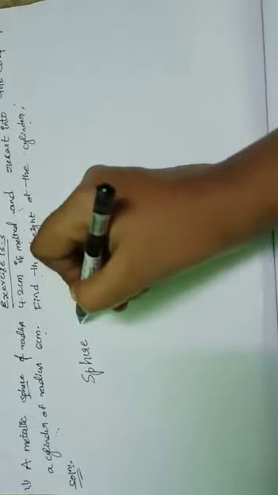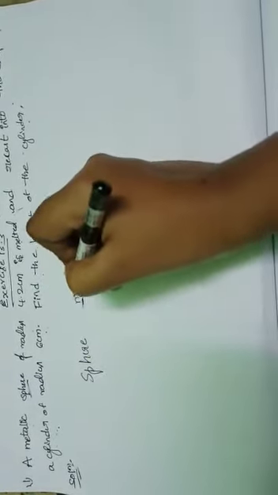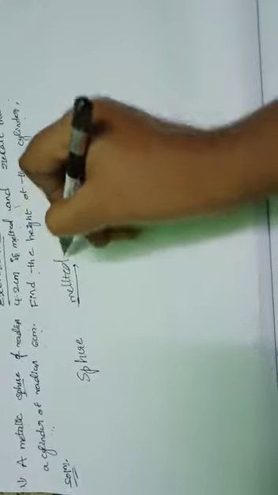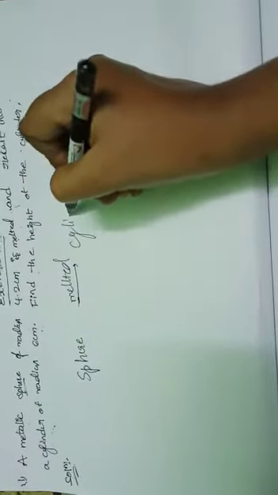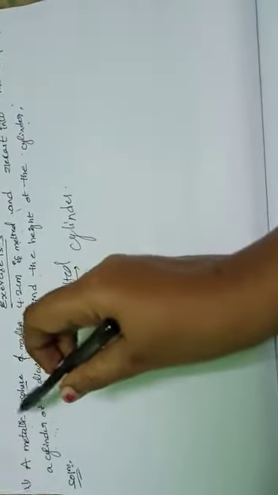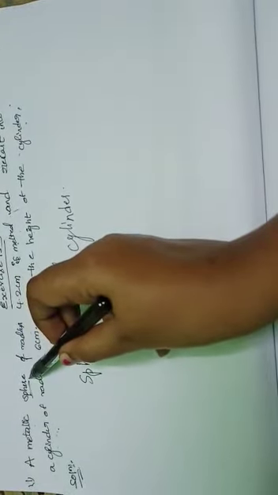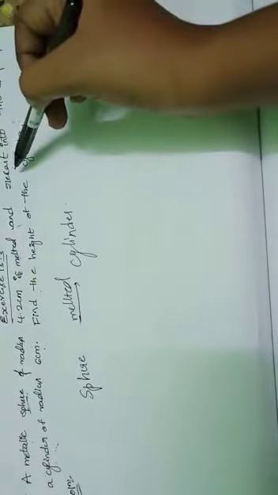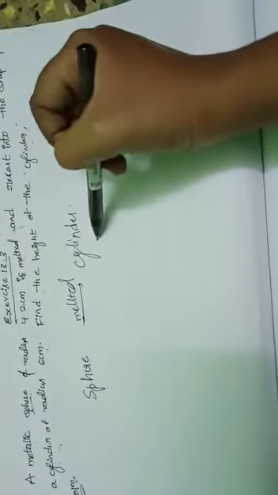Sphere is melted into cylinder. It means the amount of metal used for making the sphere equals the amount of metal used for making the cylinder.